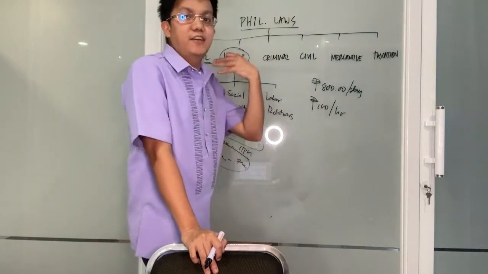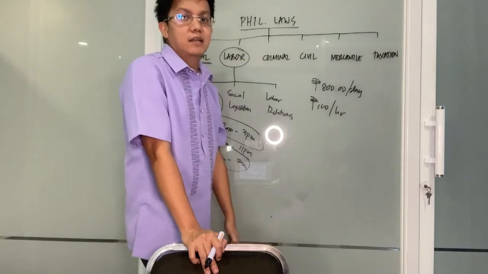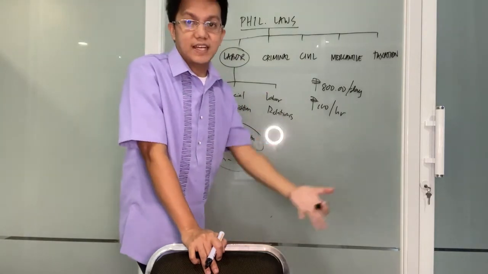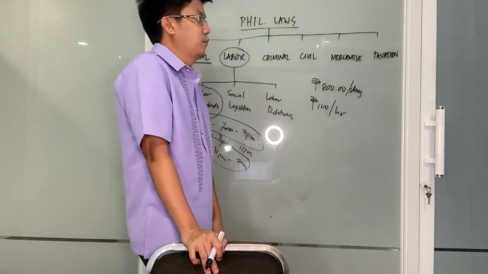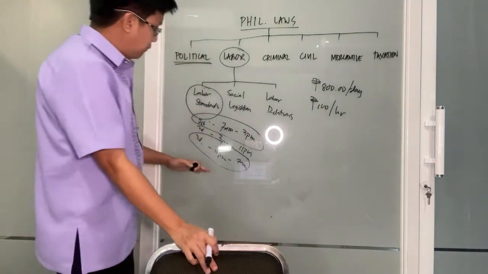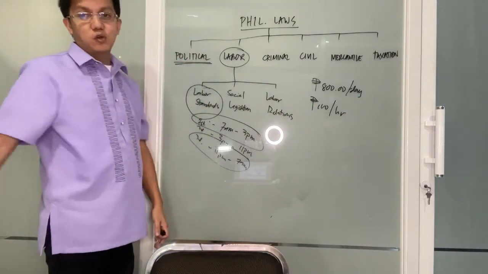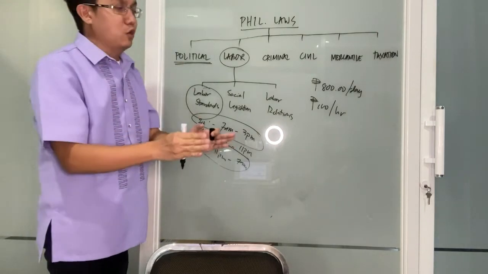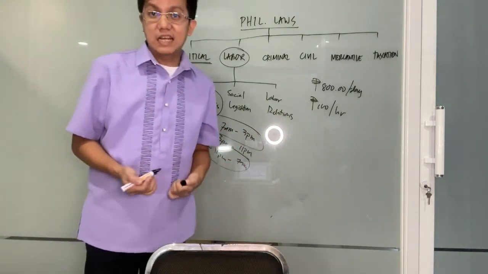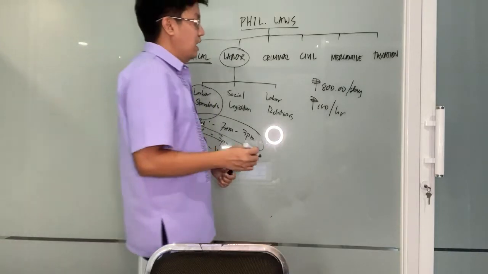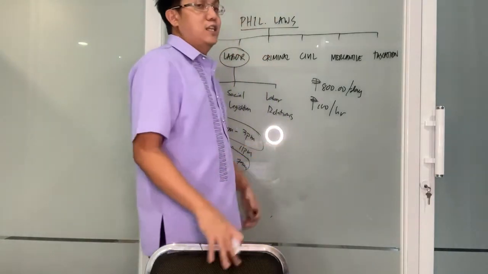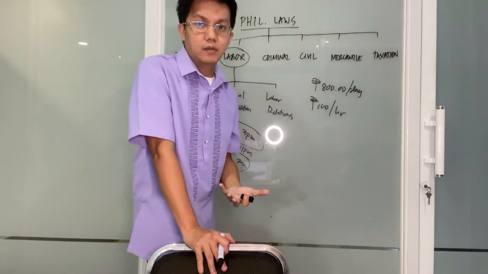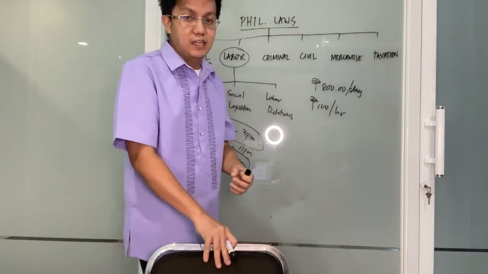Ngayon, what if pinatrabaho ka ng higit sa 8 oras? Okay, like for example, in our example kanina, bumalik ka ng alas 11. Okay, so meaning to say, on that particular day, nag 9 hours ka. So you have an additional compensation. Okay, how much will be the additional compensation?